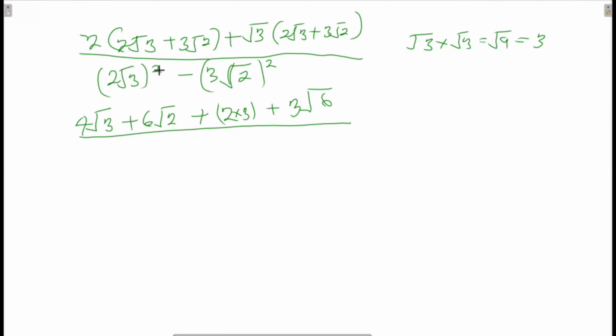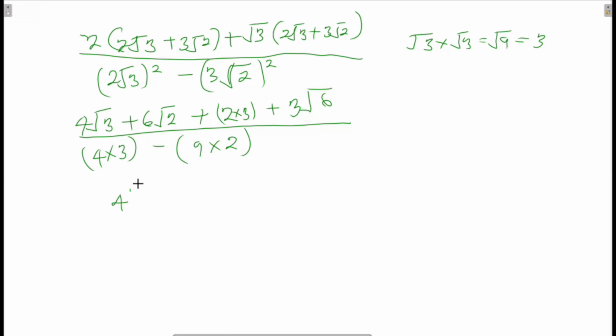Everything inside this bracket will own this square. So 2 squared will be 4, multiplied by root 3 squared. The square root and the square will cancel, and that will give 3. Minus the same thing here, 3 squared is 9, times root 2 all squared, that will give us 2.